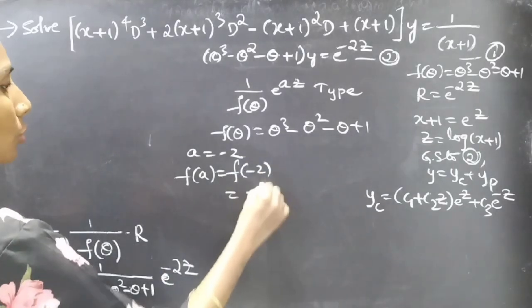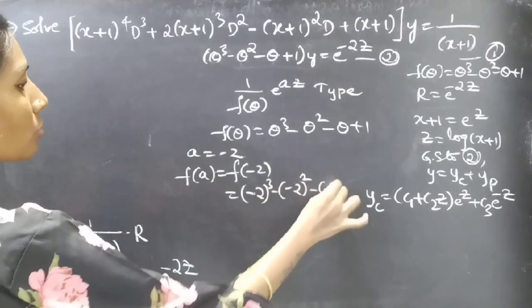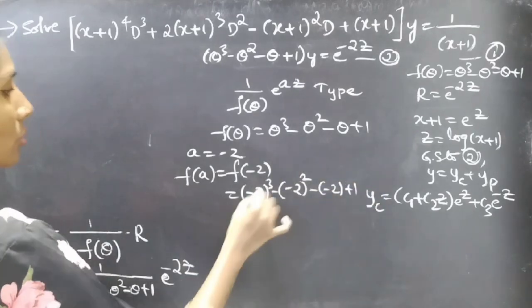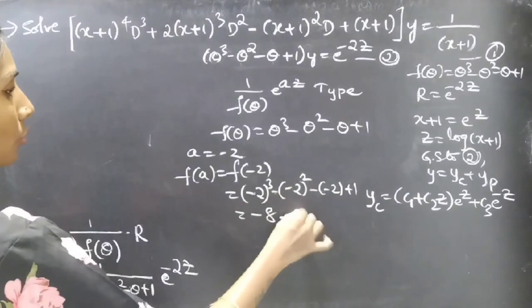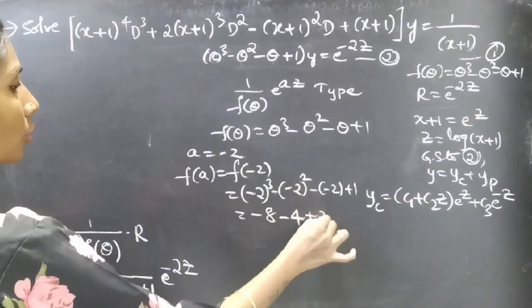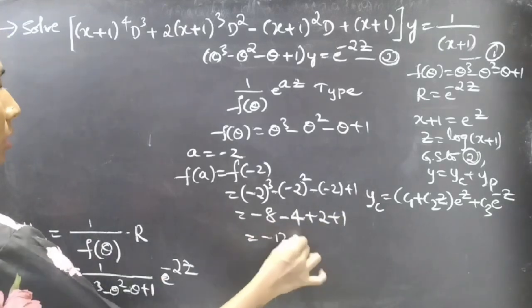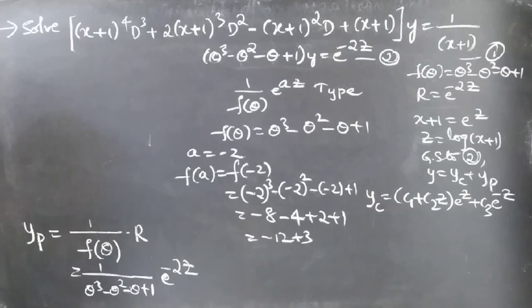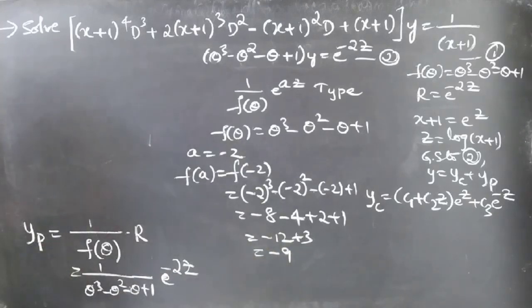Then you'll get minus 2 whole cube minus of minus 2 whole square minus of minus 2 plus 1, which gives us minus 2 whole cube is minus 8, minus minus 2 whole square is 4, minus into minus plus 2, plus 1, which gives us minus 8 minus 4 is minus 12, plus 3, which is minus 9.